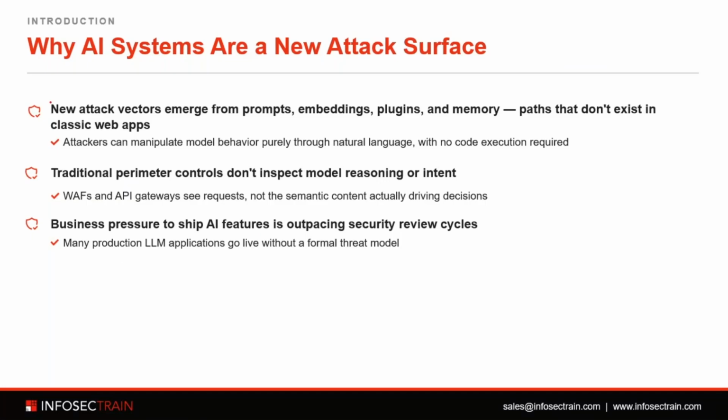Right. Now, next thing we have is why AI systems are a new attack surface. The first term that you need to understand is attack surface. What do you mean by attack surface? Right? Attack surface is basically all the points where the attacker can attack and interact with the system.